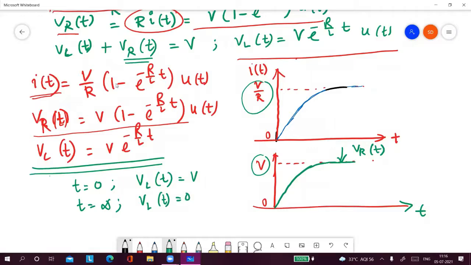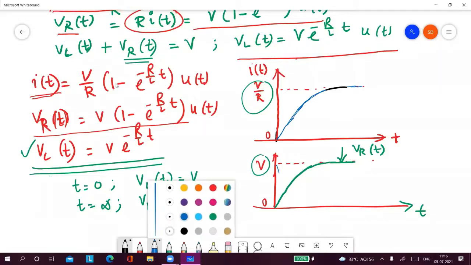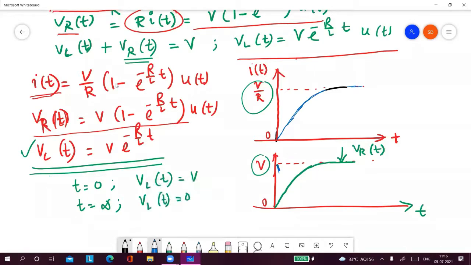That means the voltage drop across the inductor exponentially decreases from V to 0. This is the VL(t).